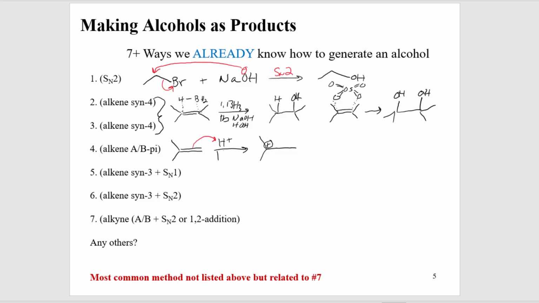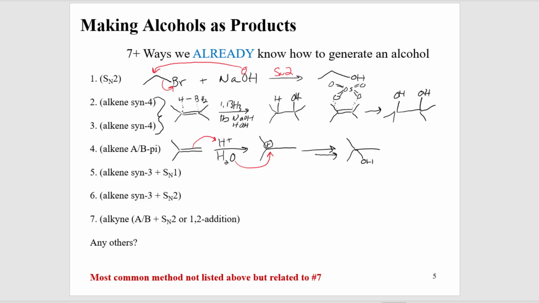And then if you were doing this in water, well, then your nucleophile would follow up in an SN1 fashion, right? Giving you, after all is said and done, ultimately, the alcohol at that more substituted position.